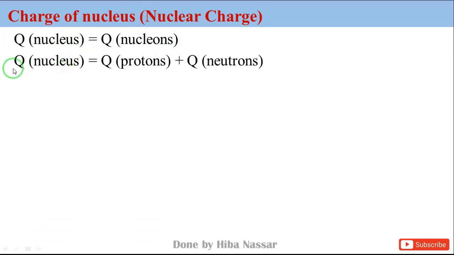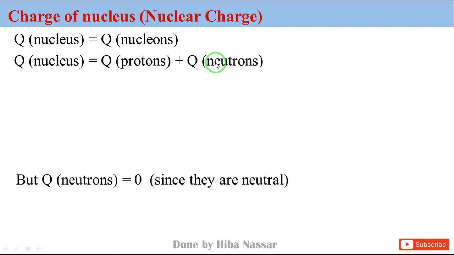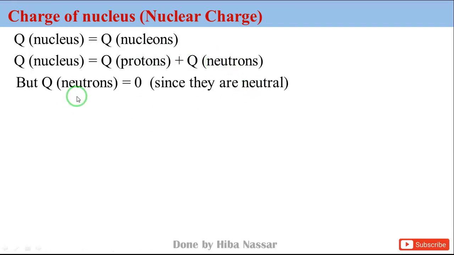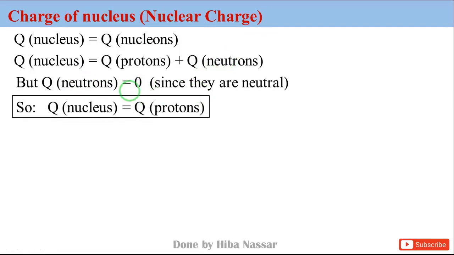So we can write here that the total charge of the nucleus is equal to the total charge of protons plus the total charge of neutrons. But the total charge of neutrons is equal to 0 since they are neutral. So we can say that the total charge of the nucleus is equal to the total charge of the protons only.